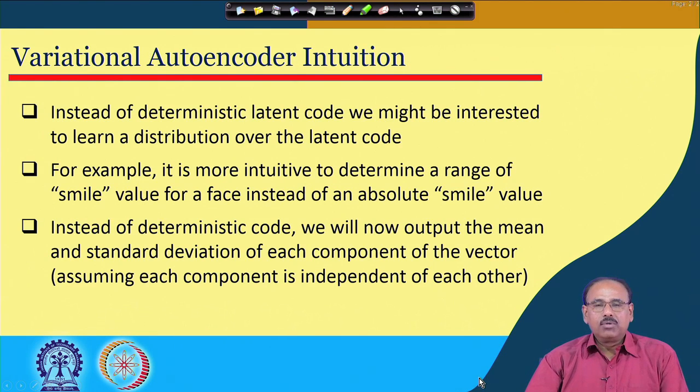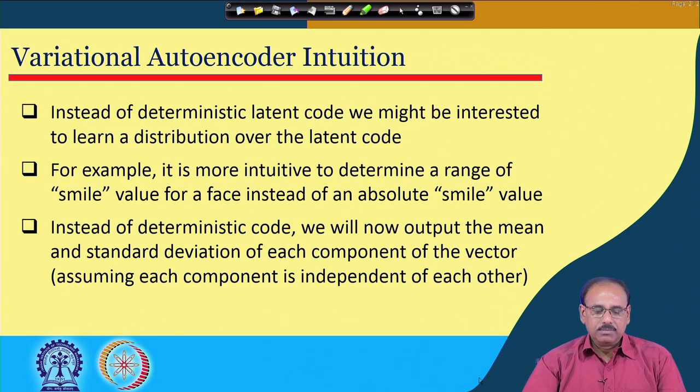So, variational autoencoder, instead of giving a deterministic latent code as a traditional autoencoder does, is interested in learning the distribution of the latent code. If I say that this distribution is a Gaussian or normal distribution, we are interested to learn the mean and the variance of that distribution.